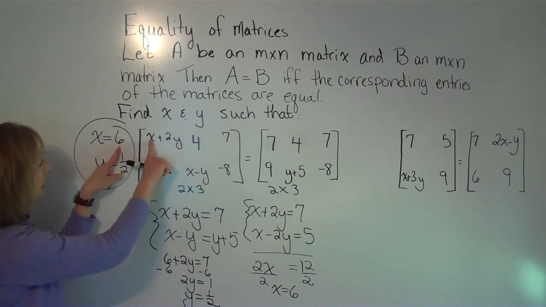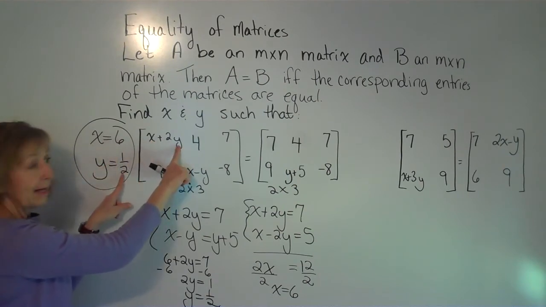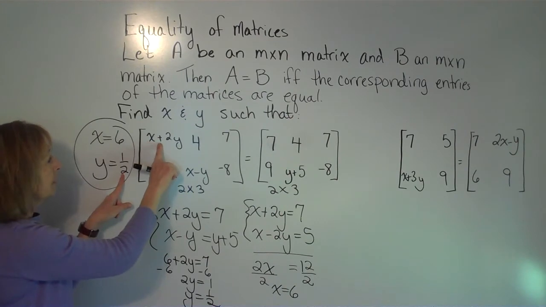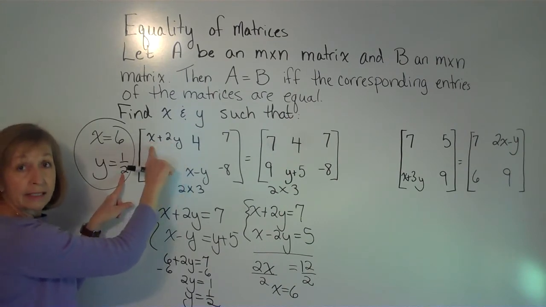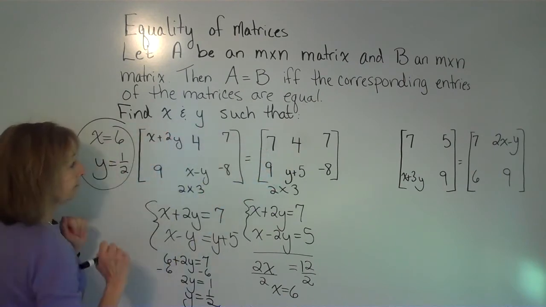So if you put in a 6 for your x and a 1/2 for your y, that would be 6 plus, well, 2 times a half is 1, and 6 plus 1 is 7. So there'd be a 7 here, which would match its corresponding entry.